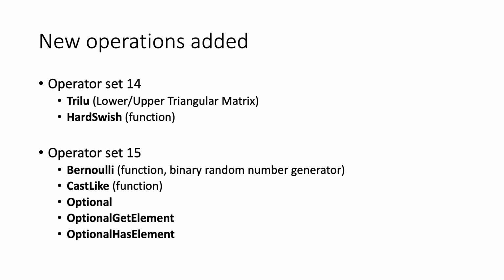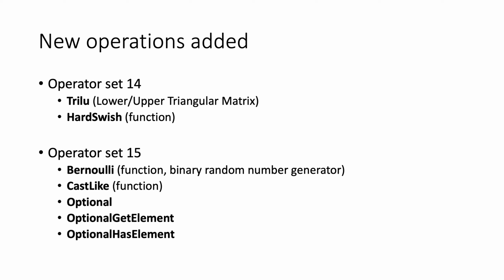And also CastLike is a simple function that can cast data to a different type based on the type of another input. So those are additional functions that can be decomposed if you have support for ONNX functions.